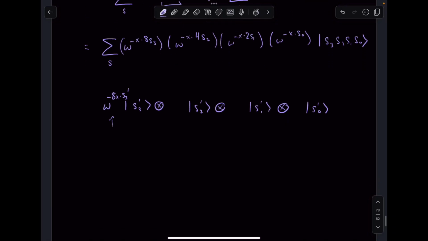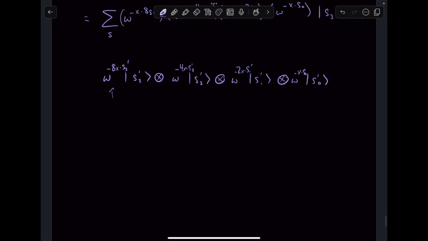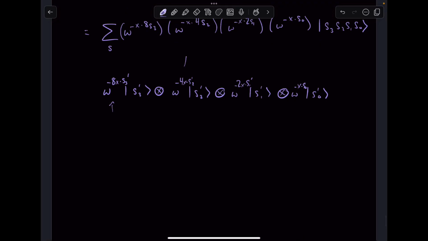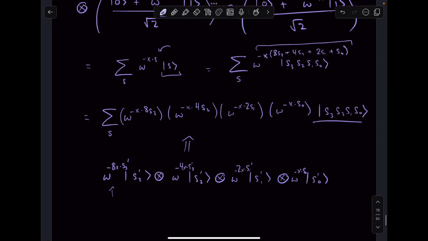So again, we encode that conditioning by putting S prime 2 in the exponent, and just continuing this. And when you have a tensor product like this, these scalars just multiply. So this is obviously going to give us this thing we had up here for any particular value of S.